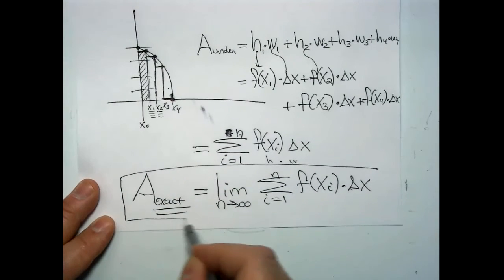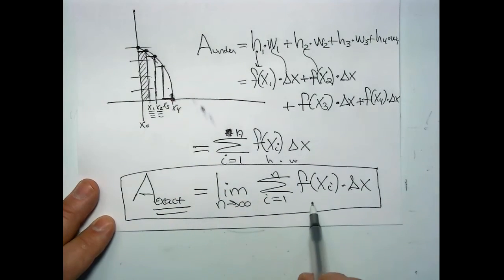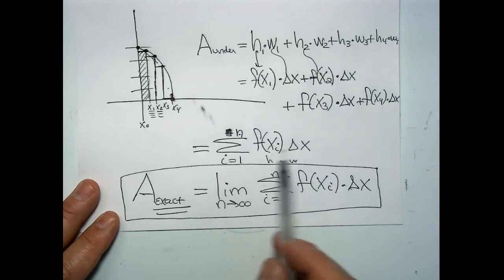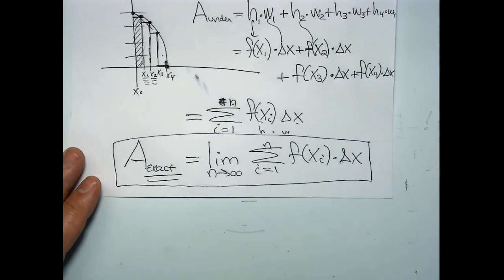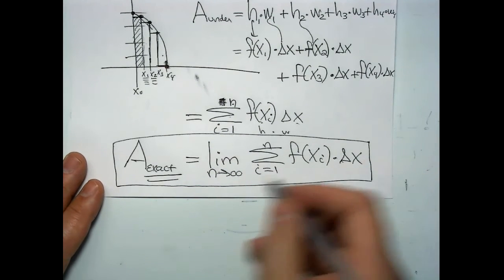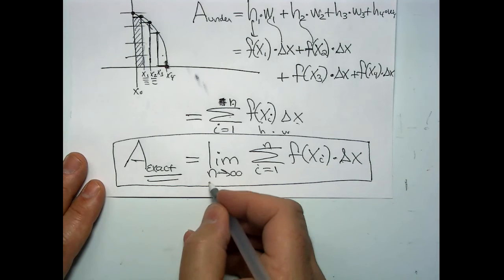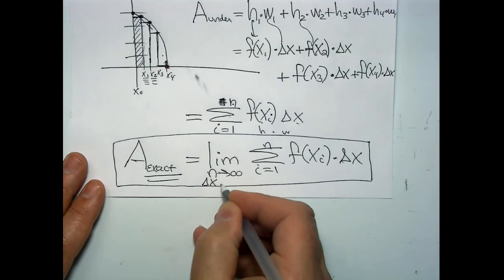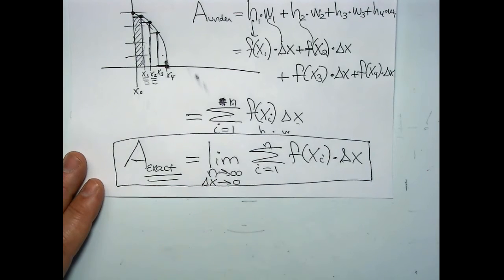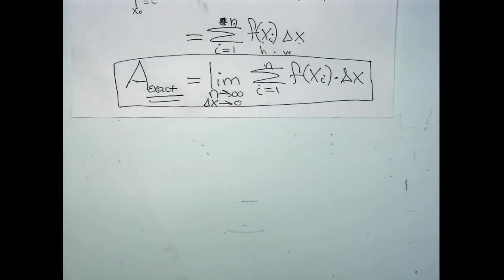And I think we've done a pretty good job piecing this formula together, starting with really height times width, and then sigma to add them all together, and then adding the limit so that I have ultimately an infinite number of rectangles. By the way, you don't have to put this under here, but just as a little reminder, if n's going into infinity, I think delta x must be going to 0. Something to keep note of.